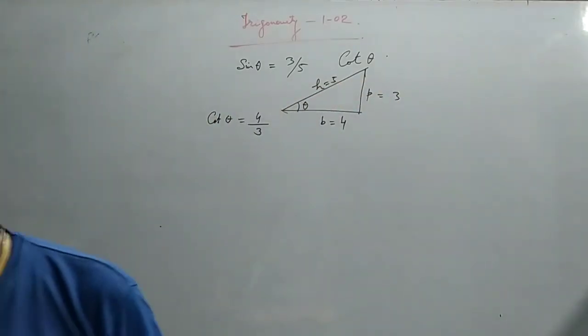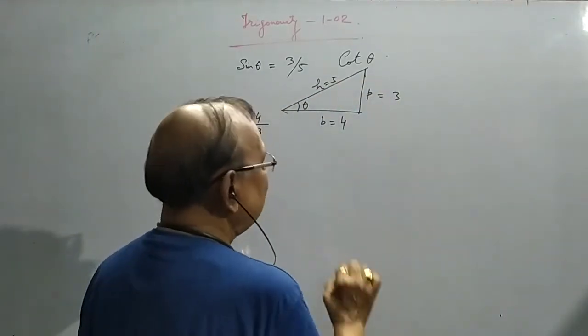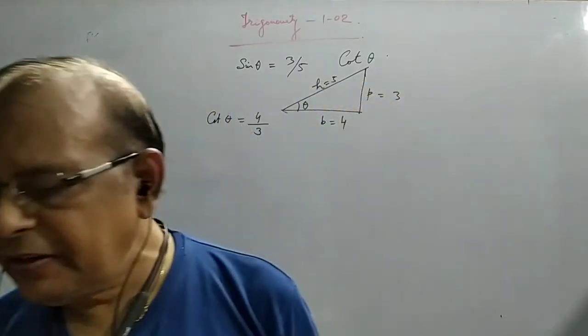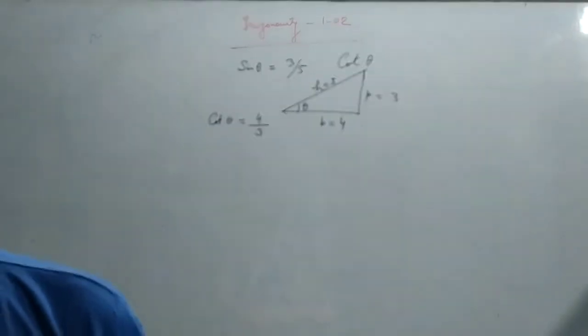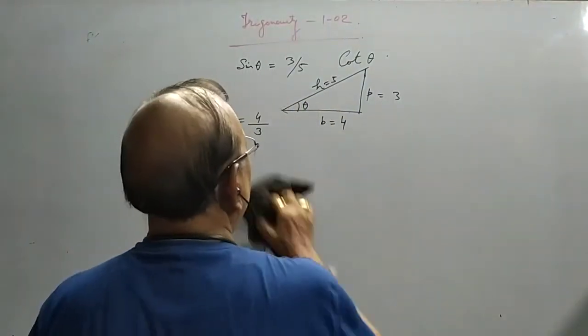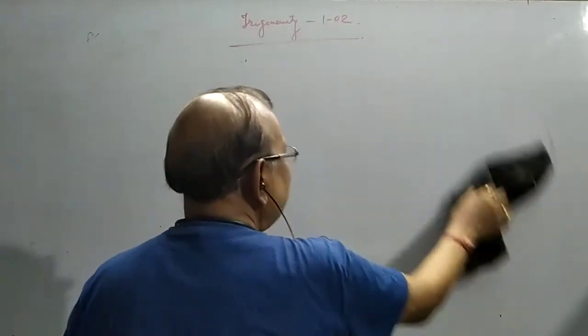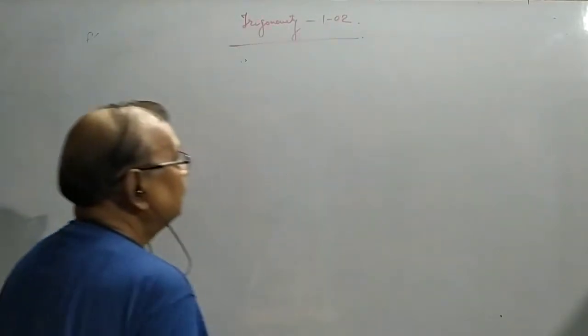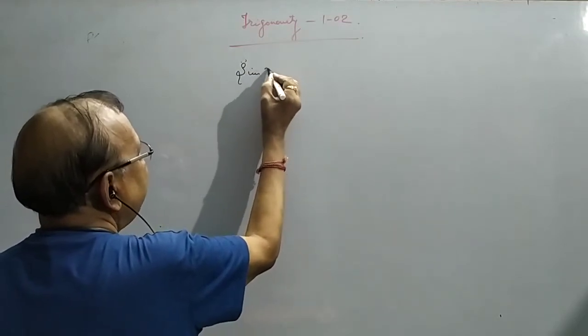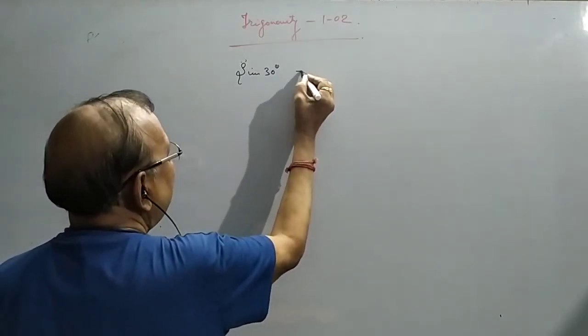But angle must lie between 0 and 90 degrees, that is between 0 and pi by 2. Suppose I say, what is the value of sin 30 degree or sin pi by 6?